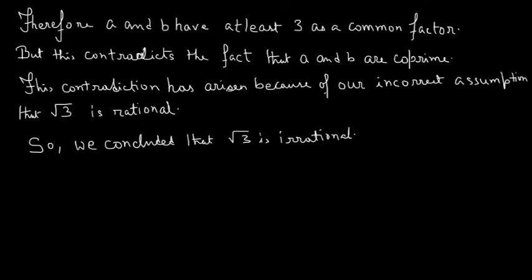Therefore, a and b have at least 3 as a common factor. But this contradicts the fact that a and b are co-prime. This contradiction has arisen because of our incorrect assumption that root 3 is rational. So we conclude that root 3 is irrational.